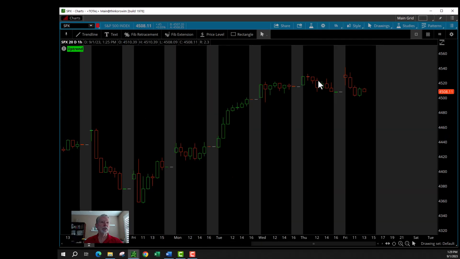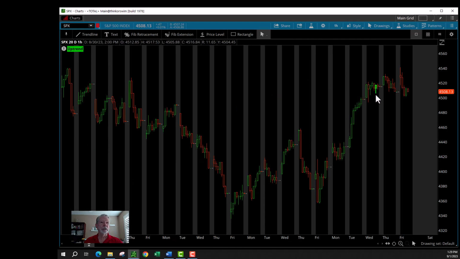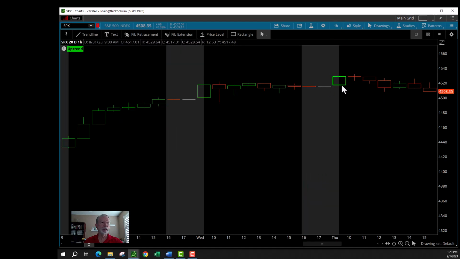We have 20 days, and by 1 hour, each of these candles represents 1 hour of movement on this particular day. So here we have 1, 2, 3, 4, 5, 6, actually 6.5. That's the time frame, from 9:30 to 4 o'clock. The gray area here is overnight trading.